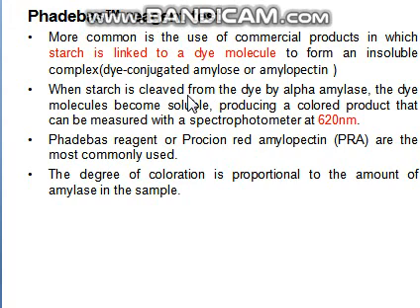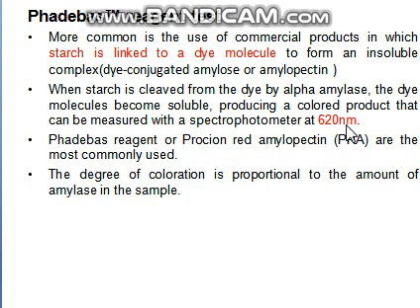To know the intensity or the concentration, you can take the colored solution, once you have added the sample to it and the dye has become soluble, into the spectrophotometer at a wavelength of 620 nanometers. At this wavelength you would be able to observe the color, which would be bluish in shade.